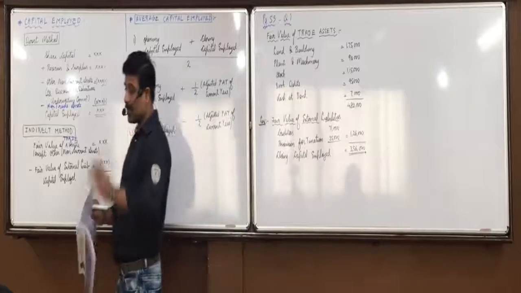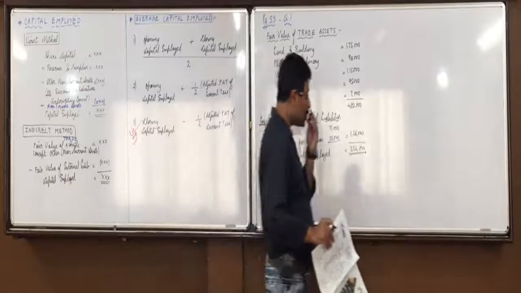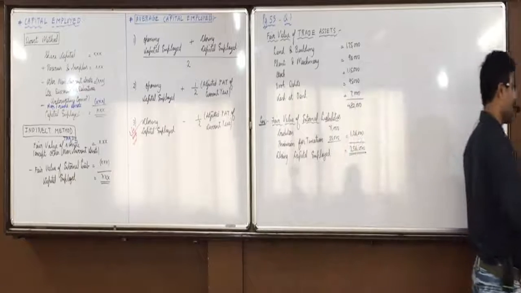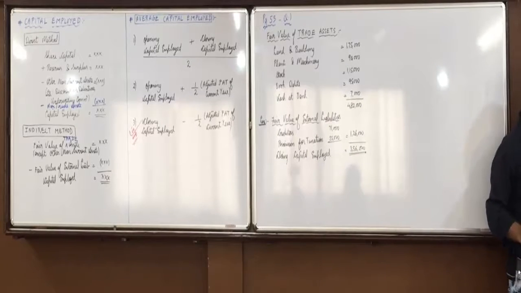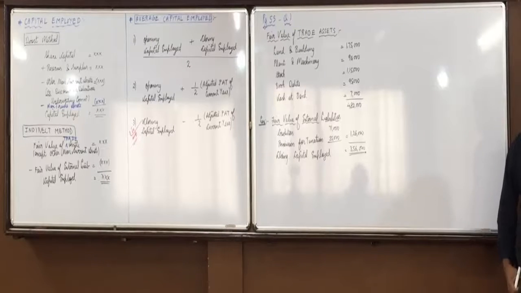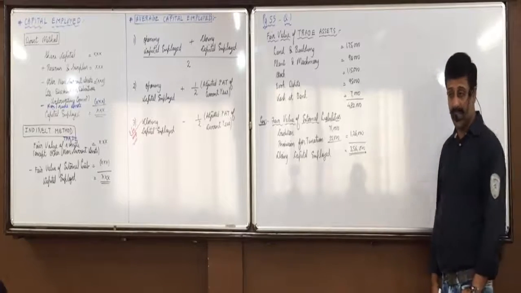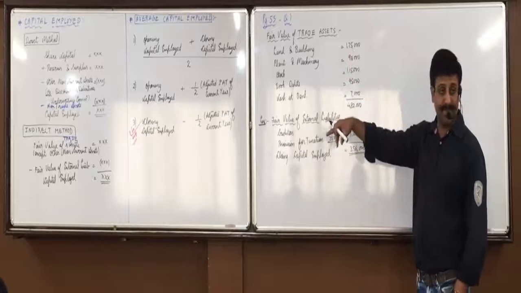Any confusions in this? All are clear up till here? Now see, first we have to find average capital employed taking current year's adjusted profit after tax as 55,000. So which formula are we going to use? Third one.